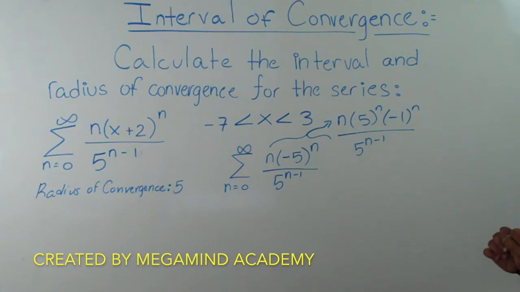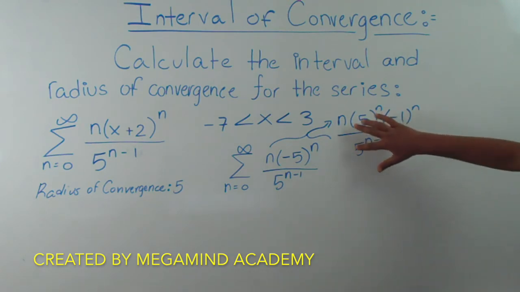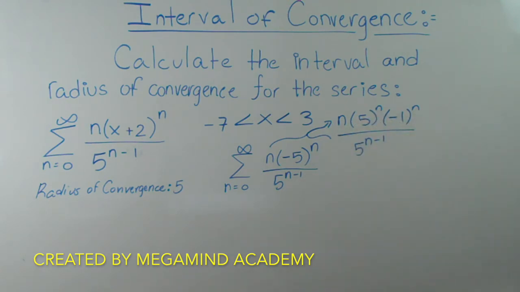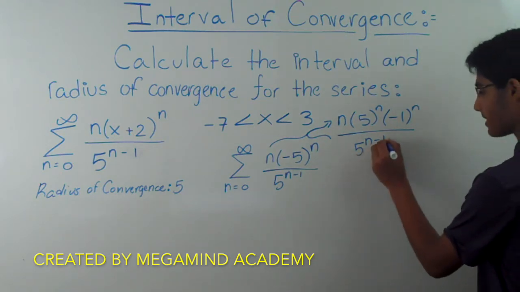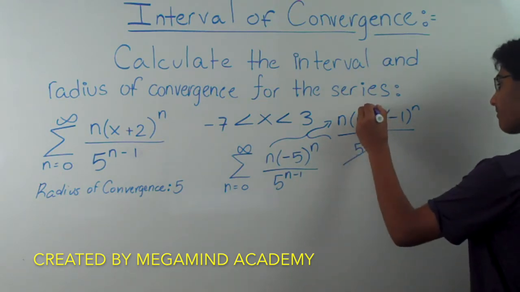Because these are the same bases, we can use exponent rules. So we get 5 to the n minus (n minus 1) power, so the n's cancel out, and we have minus negative 1, which is positive 1, meaning that the exponent becomes 1, and we just have 5 in the numerator.